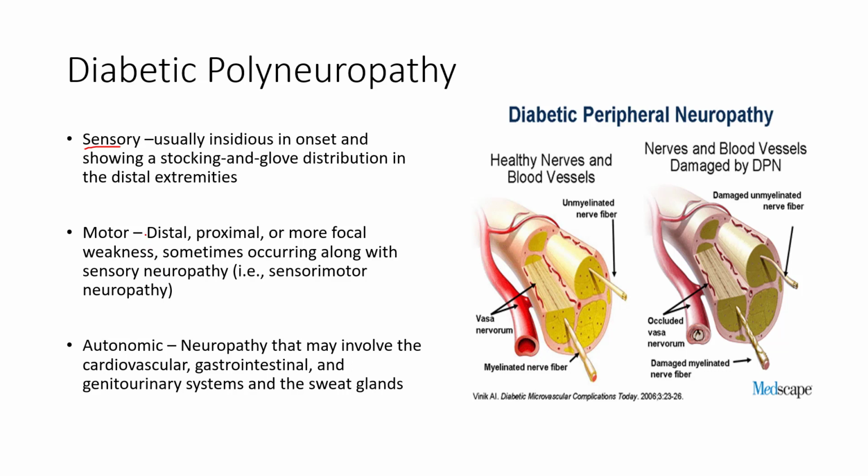But there's also motor nerve involvement. The motor nerves are also affected, and the autonomic nerves, especially looking at the processes that allow us to regulate cardiovascular responses and sweat glands. Temperature regulation is actually a big problem in diabetics, being able to sweat adequately and dissipate heat.